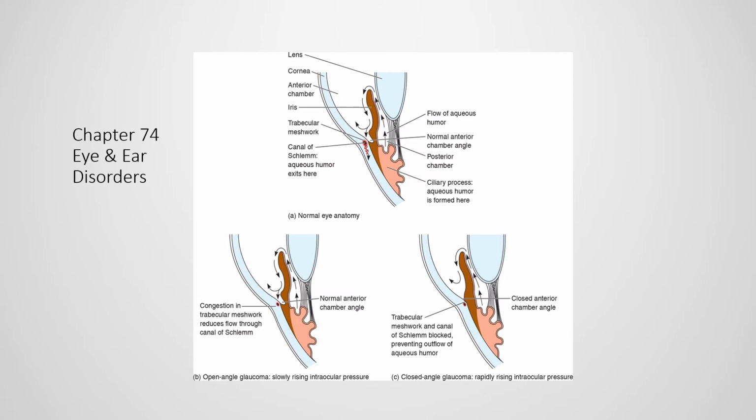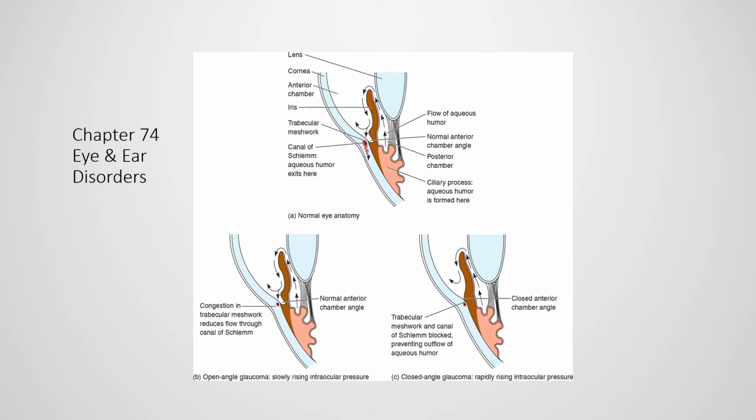And then behind it is the lens. And then further behind, it's not shown here, is the retina, the back of the eye, right? The eye is filled with fluid. The fluid is made in the ciliary process and it is excreted.